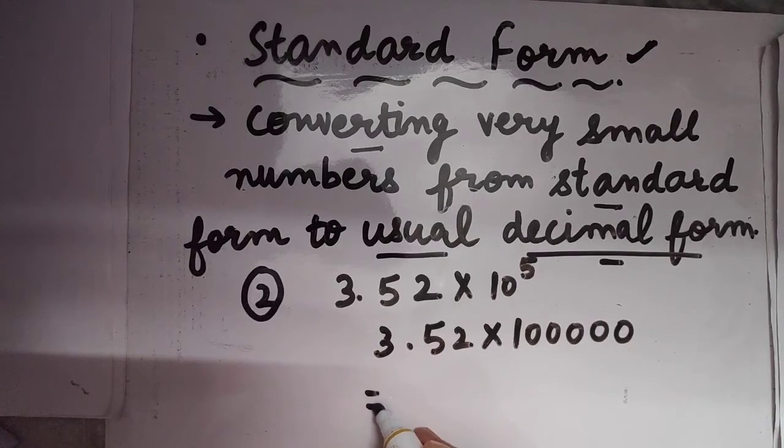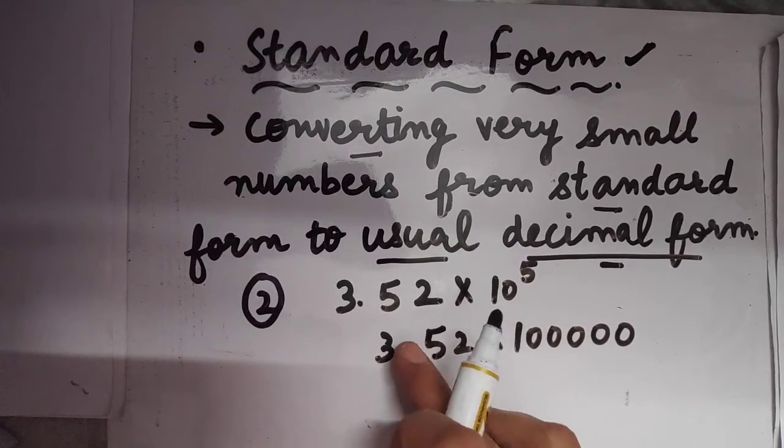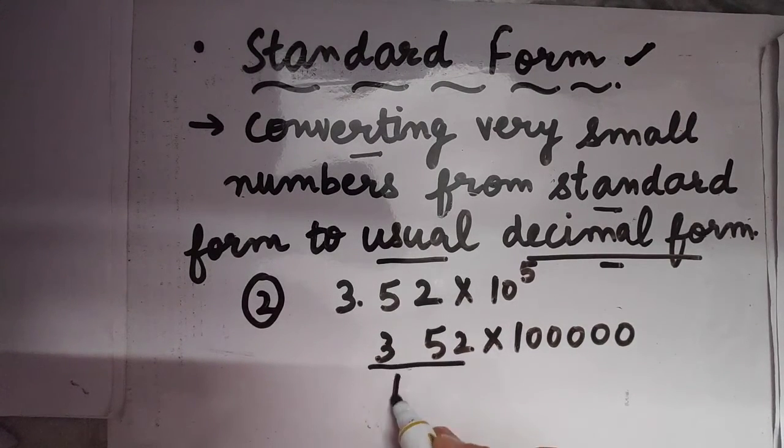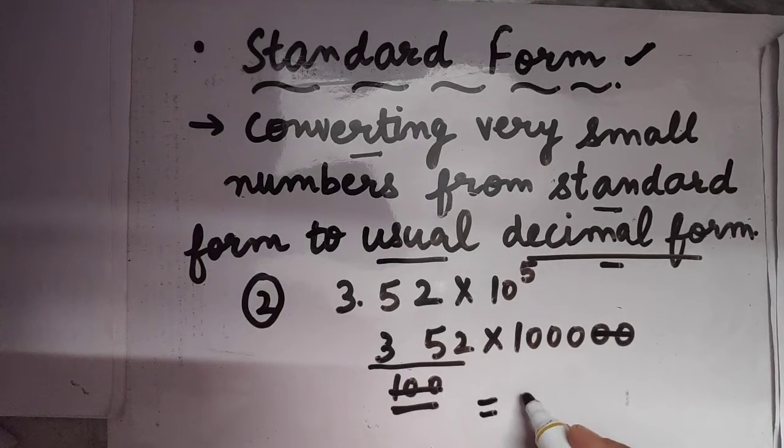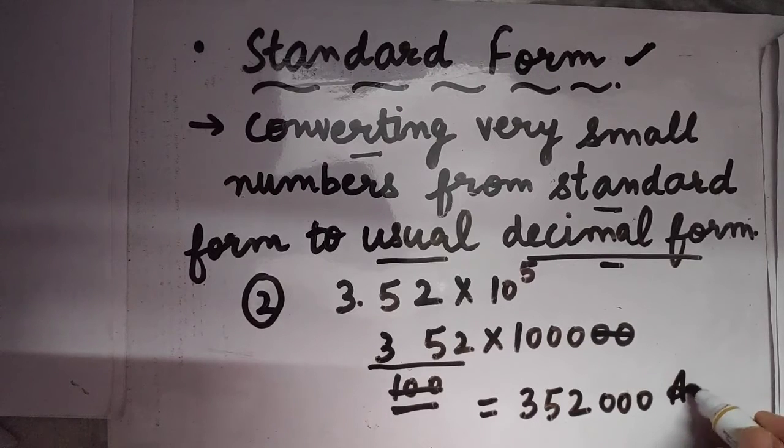So this will finally be 352 over 100. These two zeros will get cancelled out with these two zeros, and what you will be getting is 352 and 3 zeros will be left. So this will be your answer.